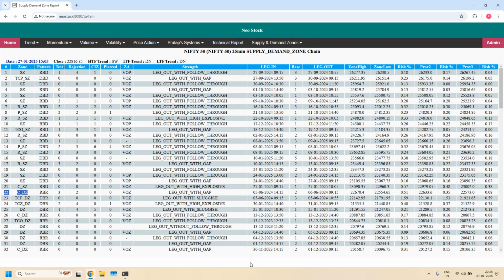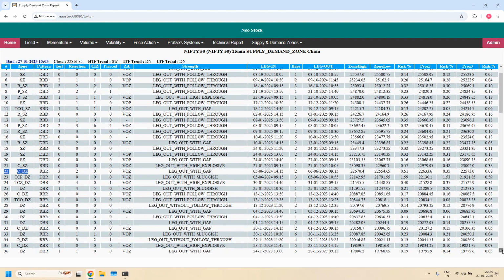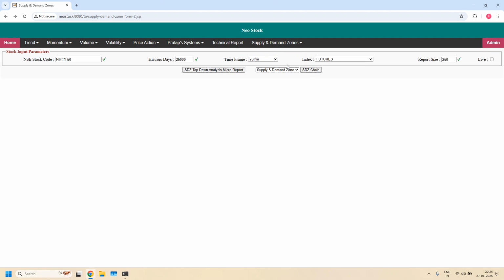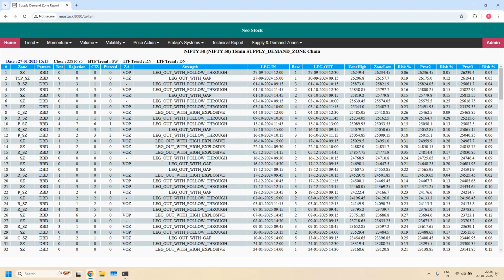So this is the 25 minutes demand zone. I can scroll the list so that you can find more demand zones. Okay, next 15 minutes supply demand zone chain for NIFTY. All these are supply zones. I am scrolling the list down.